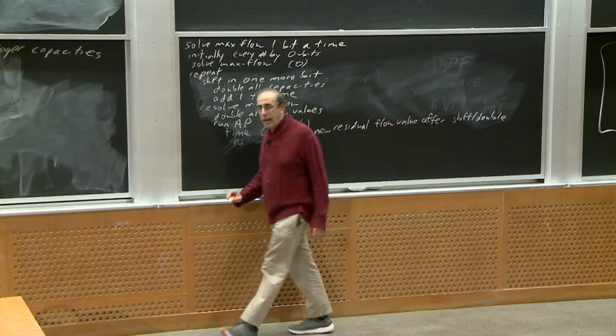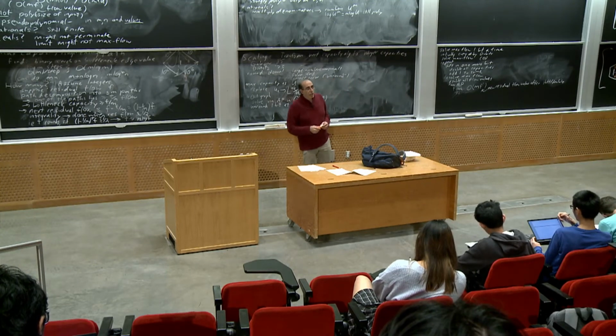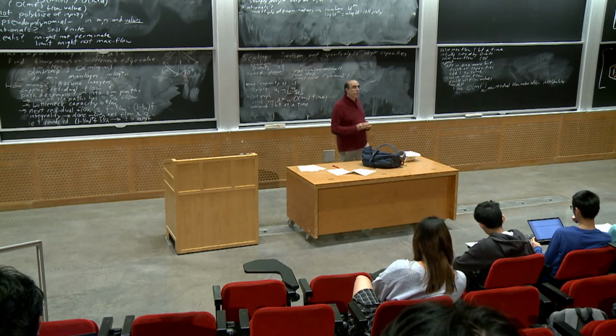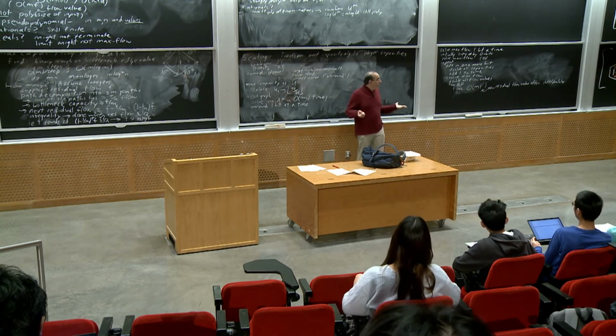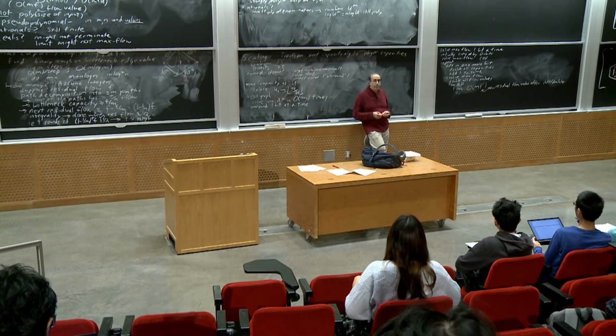So what can I say about the residual capacity of the new graph that I get when I shift in another bit? If I could argue that it's small, then I would conclude that my augmenting path algorithm would run fast.